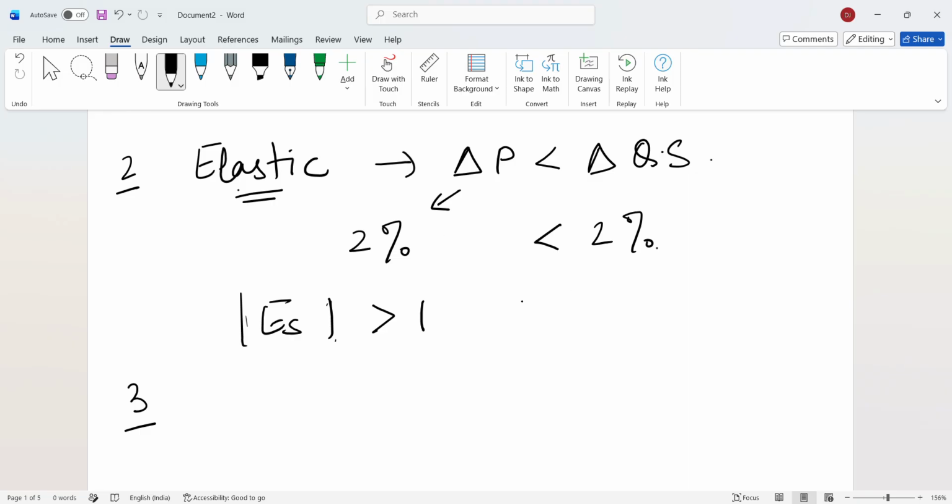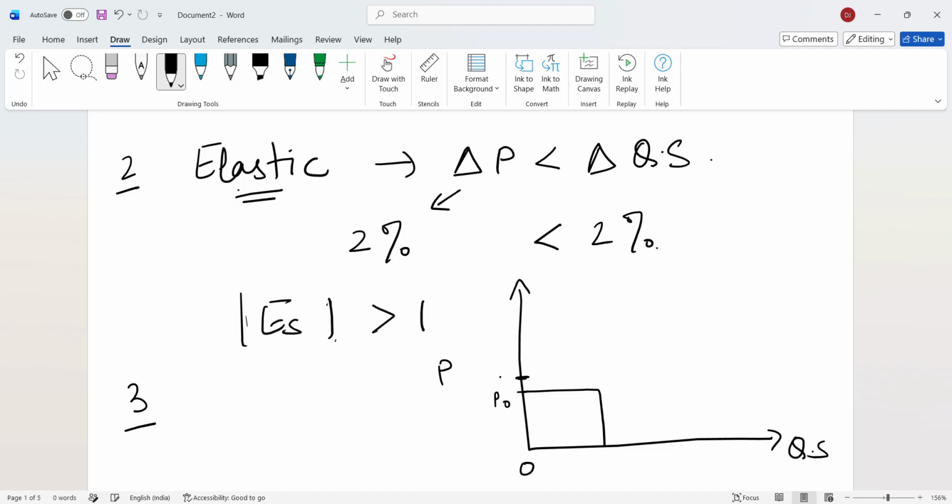All right. So if I draw the graph, it would be something like this. Quantity supplied, and here we have the price, and with a given change in price, so that was P0 and this is P1, the quantity supplied changes by a very large quantum.